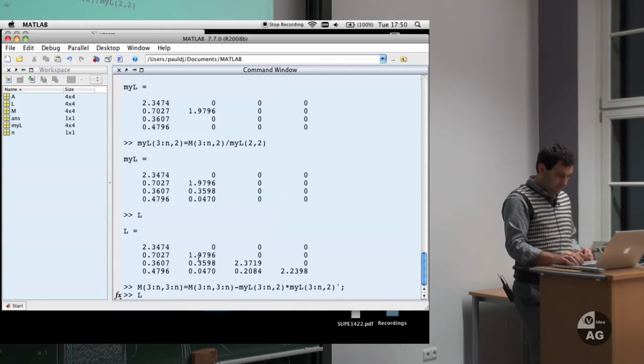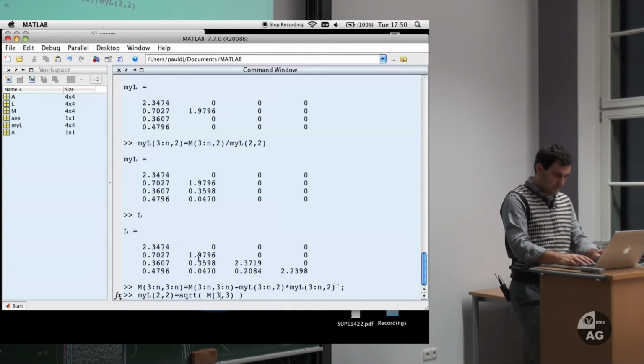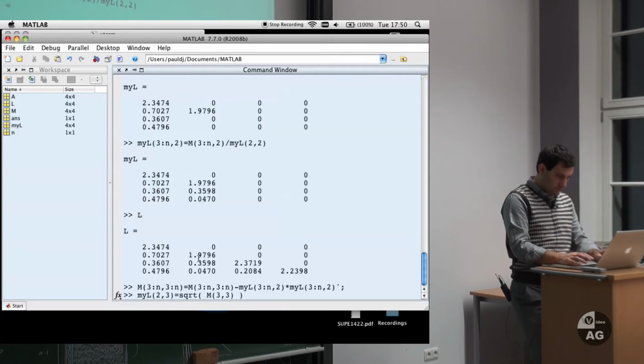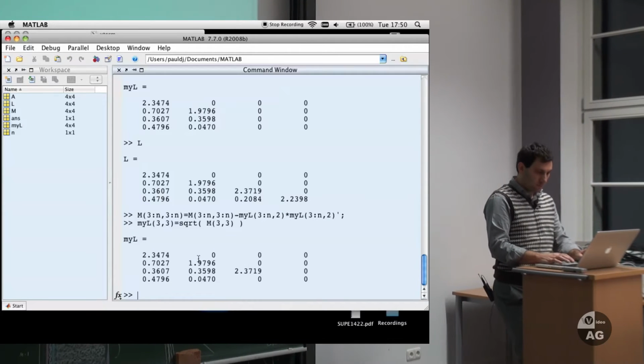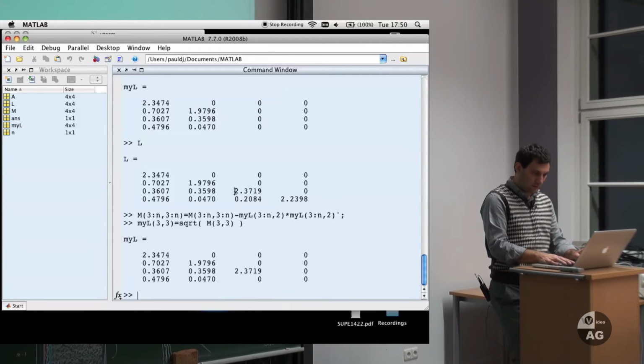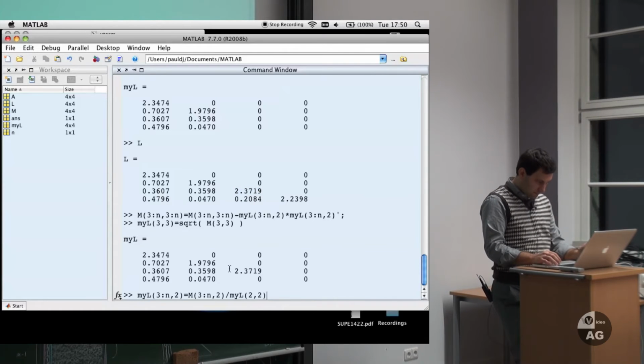Next iteration, square root. And yes, it's still good. Then we take from 4 to n, from 4 to 4, this is just one entry.